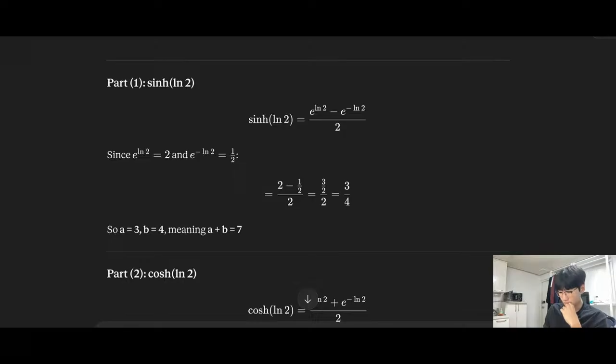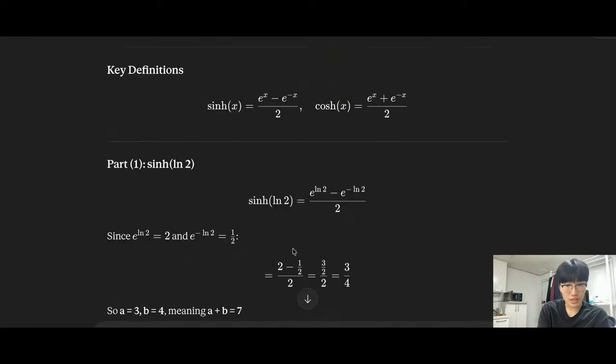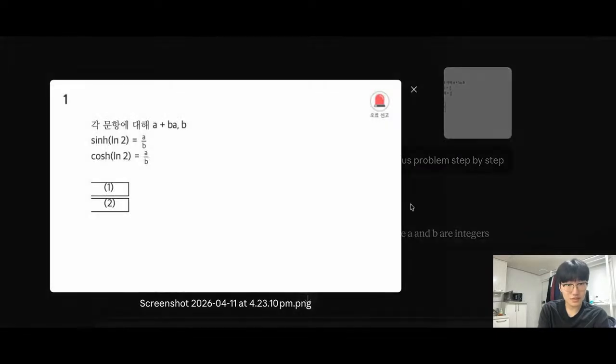Yeah, 3 over 2 over 2, which makes it 4 and 3. 3 and 4, 3 over 4, which makes it 3 over 4. So A equals 3 and B equals 4, meaning A plus B is 7.